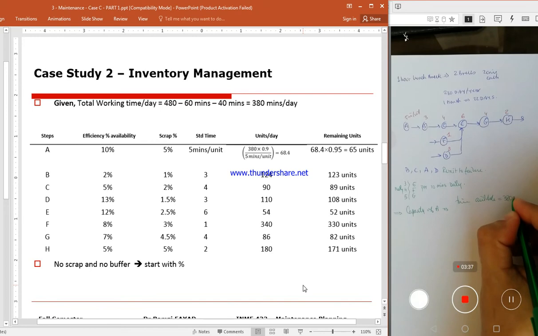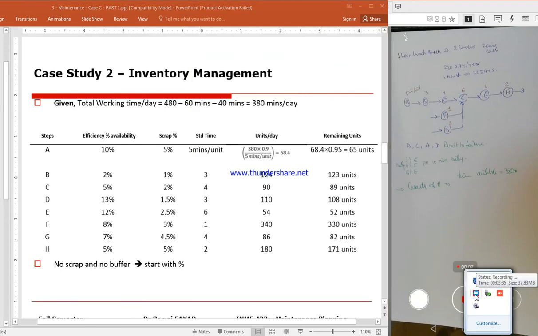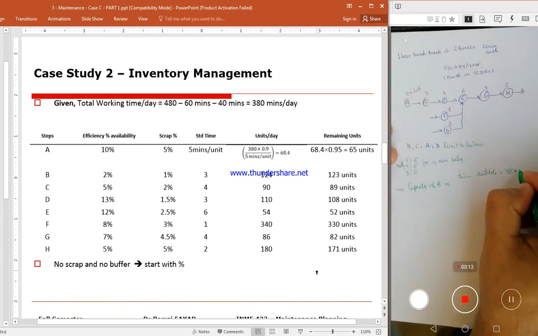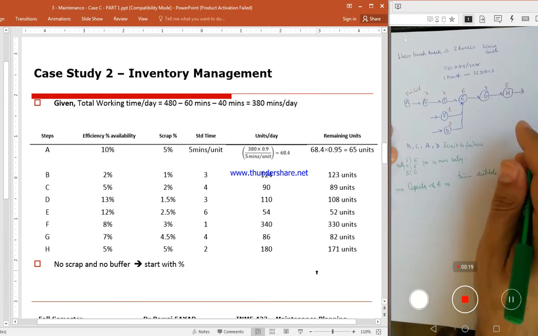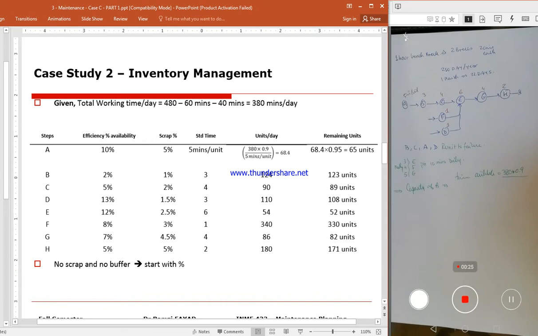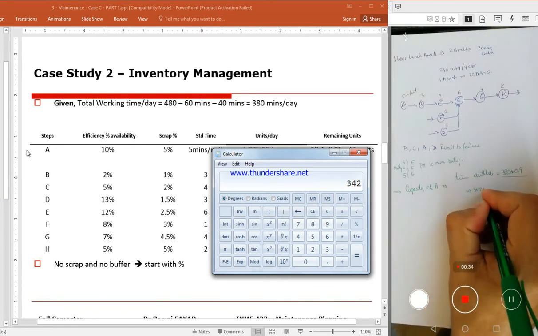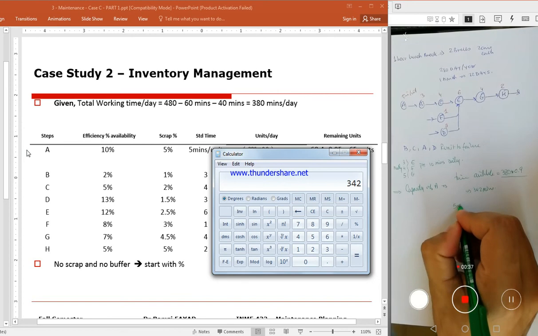So sorry, the power went out. Then 380 times 0.9 is the time available per day, so 342 minutes, and A requires 5 minutes per unit.